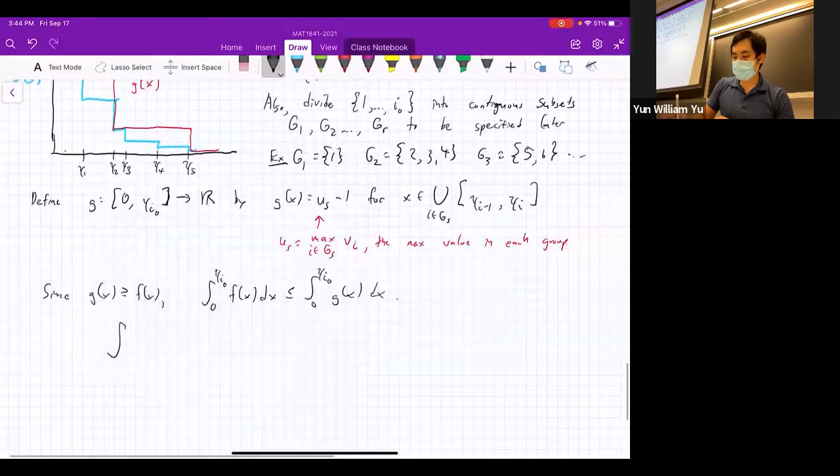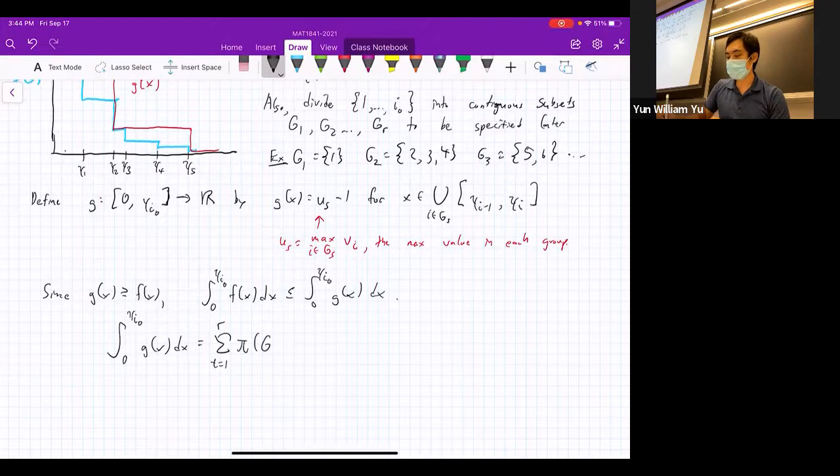And we also know that we can rewrite the integral from 0 to gamma I naught of g of x dx as the sum from t equals 1 to r of pi of, and I'm going to abuse notation slightly, the probability mass contained in all of G1 to GT, times (UT minus UT plus 1), where we define U(r plus 1) to be equal to 1.